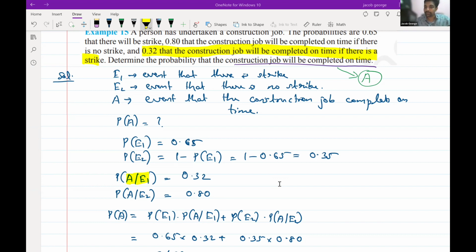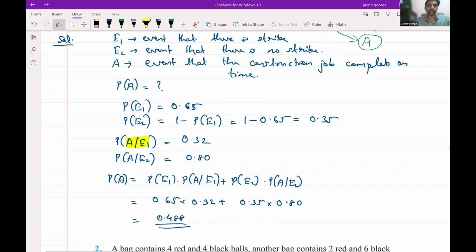Construction job will be completed on time if there is no strike. Is it clear, all of you? Yes. That means we got all the four factors for substituting. Now you know the formula for P of A. Just write the formula, substitute, and we'll be getting the answer. Is it clear how to approach a problem?